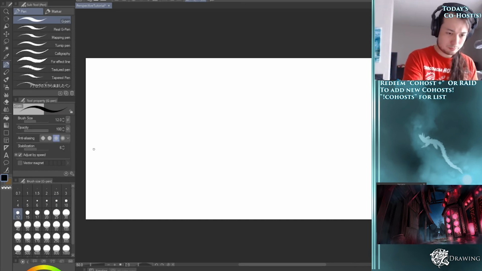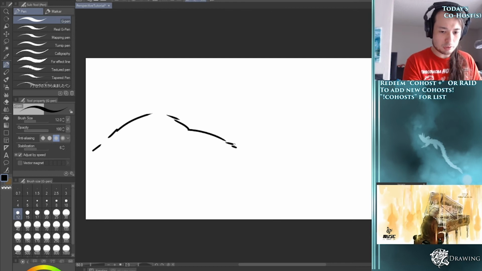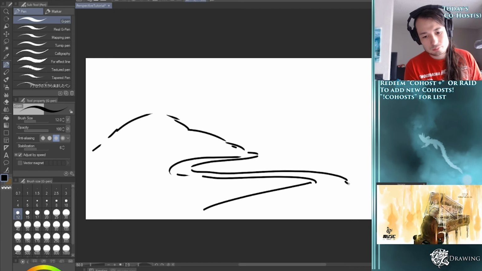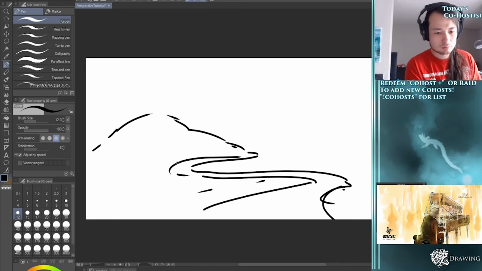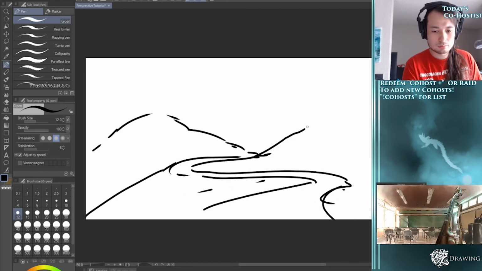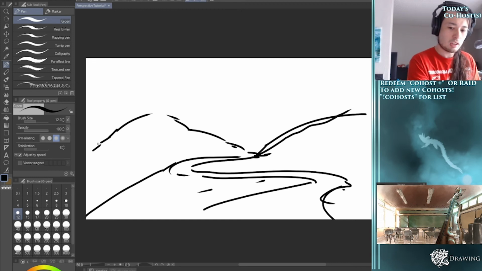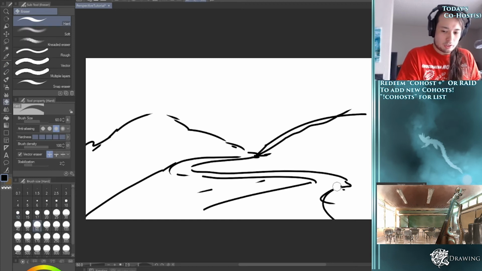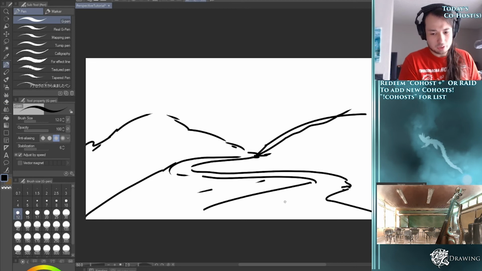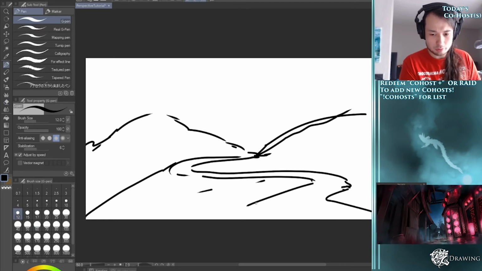Landscape. Not just any landscape, but a really smooth landscape. What perspective is going on here? Not much. This path is getting smaller as it goes into the distance. I'm not really worried about it.